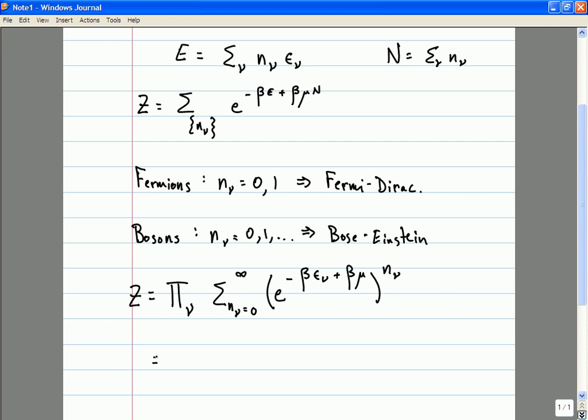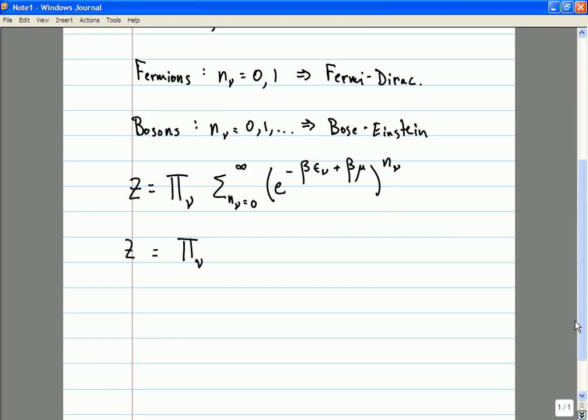And this is a geometric series that can be summed, giving us what is known as the partition function of the Bose-Einstein distribution. So the sum of x to the n as n goes from 0 to infinity is 1 over 1 minus x. So this is 1 minus e to the minus beta epsilon nu plus beta mu, to the minus 1 power. And this is the Bose-Einstein distribution.